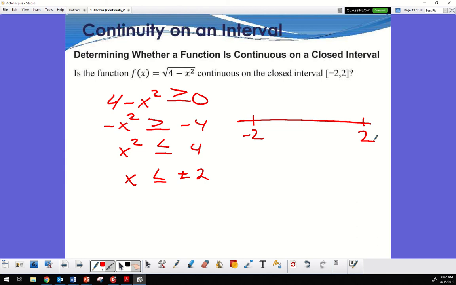When you set this up, whenever you have these inequalities, it's going to turn into x less than or equal to +2, and x greater than or equal to -2. So we break those up into two separate parts because we have a plus or minus there, right?